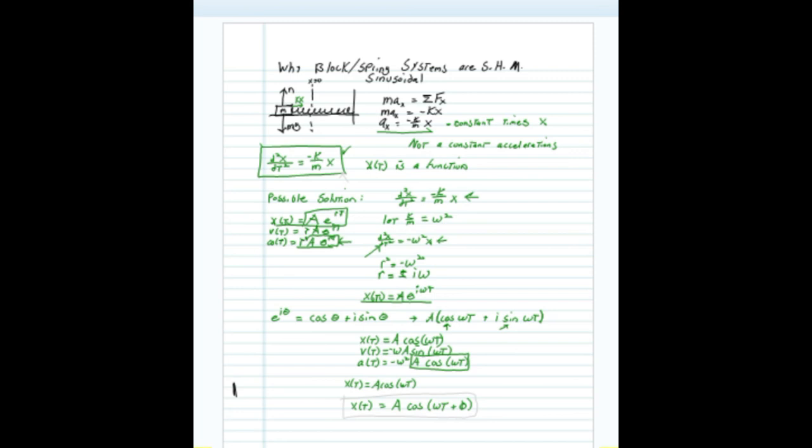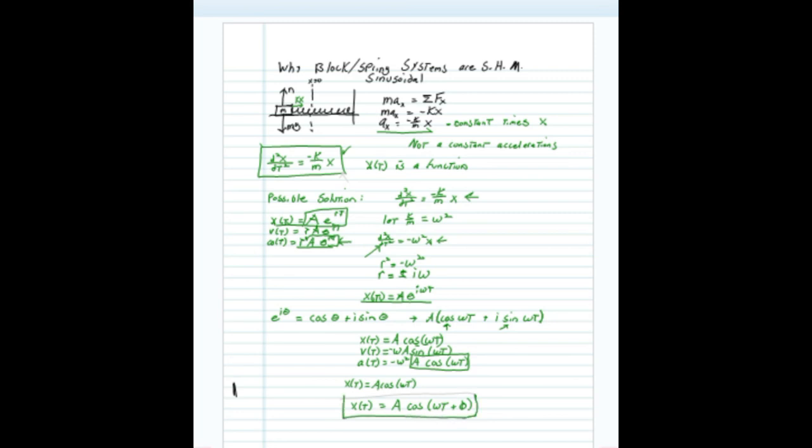Okay, so this is a pretty complicated proof, but it shows that an object attached to a spring does, in fact, move in a sinusoidal fashion. And when we do this in an experiment, we will see that this is exactly true. When we actually hook up a motion detector to an object and we allow it to oscillate using a spring, we're going to see that it maps out as a cosine or a sine function, just like it's predicted here mathematically.